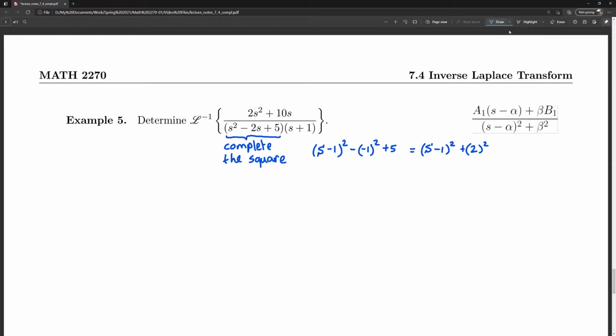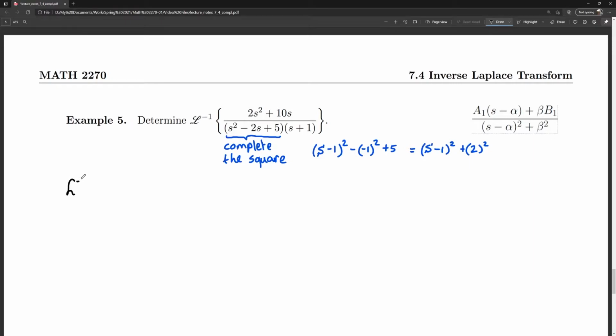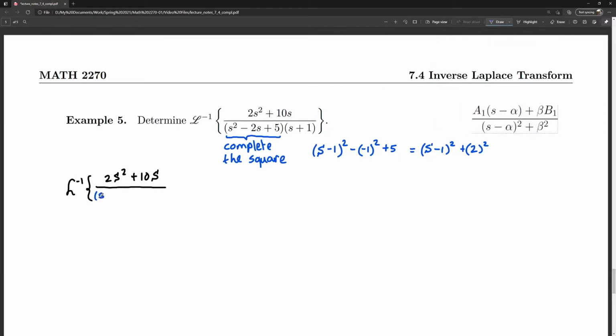So when we take the inverse Laplace, we're going to take the inverse Laplace of 2s squared plus 10s, and then we're dividing that by s minus 1 squared plus 2 squared, all of that multiplied by s plus 1.